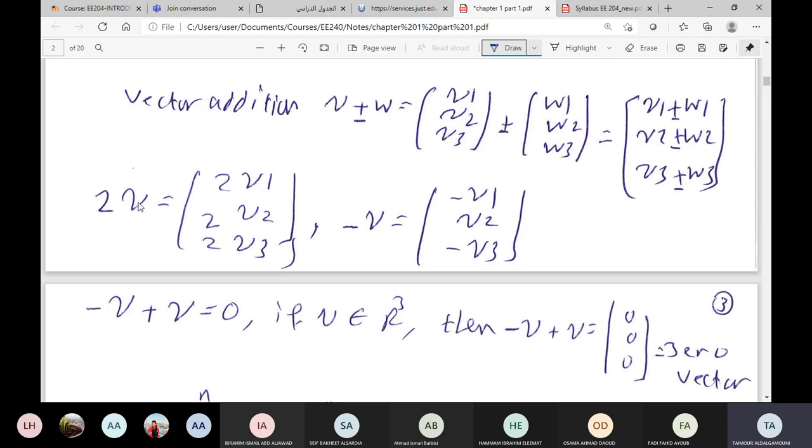Now, if we multiply a vector by a constant, as I told you, we multiply each component inside the vector by the same constant. So if V is V1, V2, V3, and we multiply it by 2, then 2V is 2V1, 2V2, 2V3. And minus V is minus V1, minus V2, minus V3.